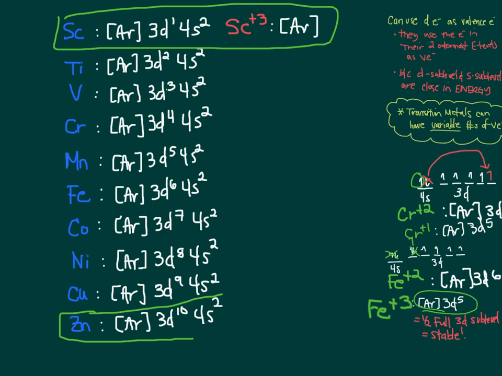So that being said, it's only ever going to give up its 2 s electrons and end up with a +2 charge and the electron configuration of argon plus 3d10. So this is the only charge ever on zinc, a +2 charge.